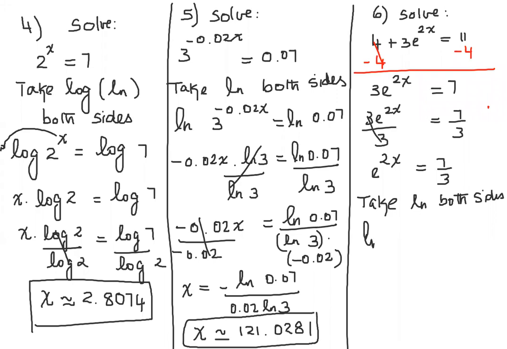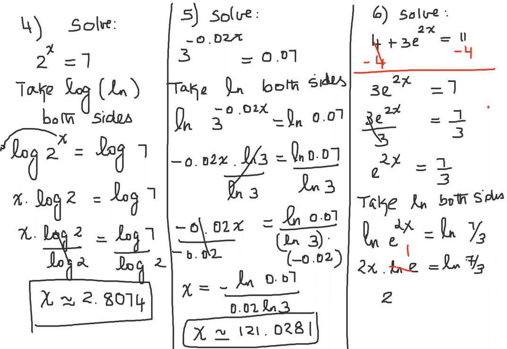So it's going to be ln of e to the 2x equals ln of 7 over 3. So when you move the 2x to the front, we get ln e. And remember, ln e is 1, so this is going to be 1.